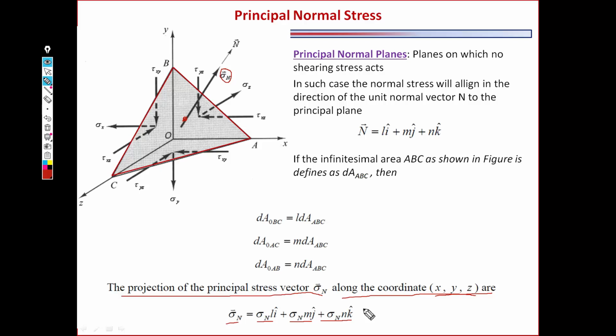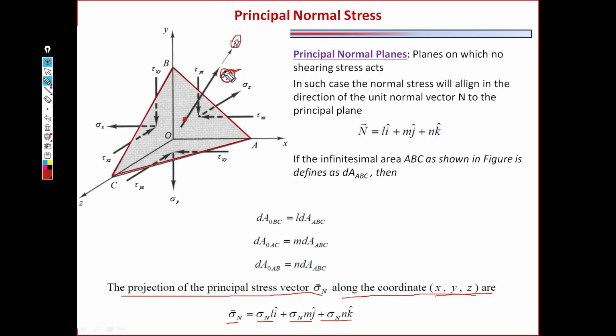This is similar to what we derived in the previous lecture. The same formulations would be used, only in this case the directions of the unit vectors are aligned with the directions of the principal normal stress, whereas in the previous case that was not so.